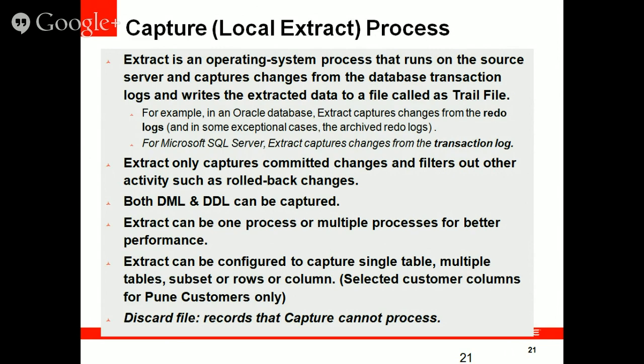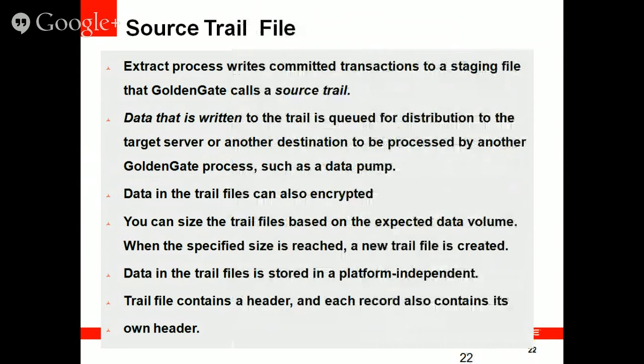So the extract process is the important process at the source site. So what is the importance of the source trail file or the local trail? The extract process writes committed transactions to a staging file, and that is called the source trail.